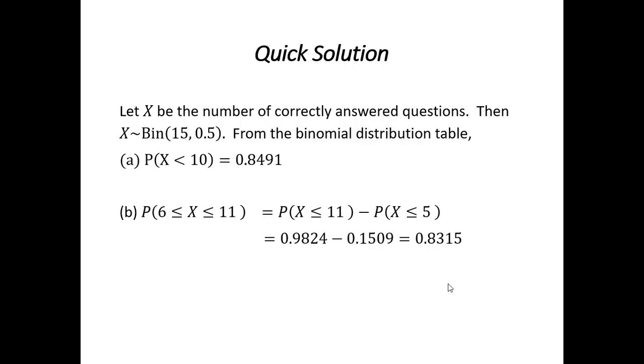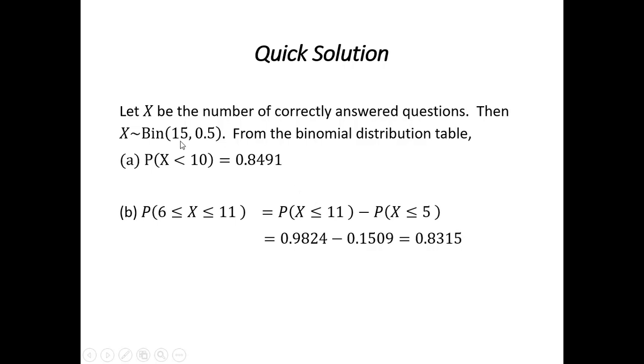In part B, you're asked to find the probability x is between 6 and 11, inclusive. So again, this is the probability X is either 6, 7, 8, 9, 10, or 11. So if we have a cumulative distribution table, we could find the probability x is less than or equal to 11.